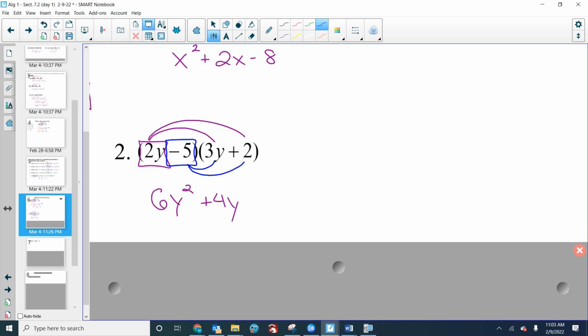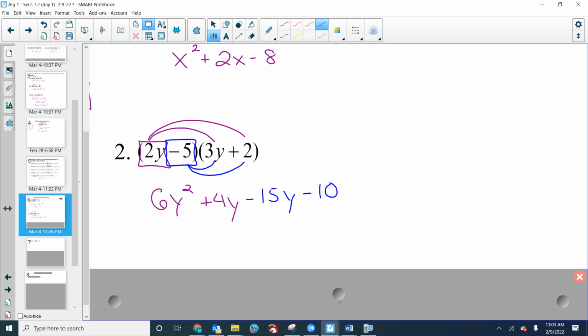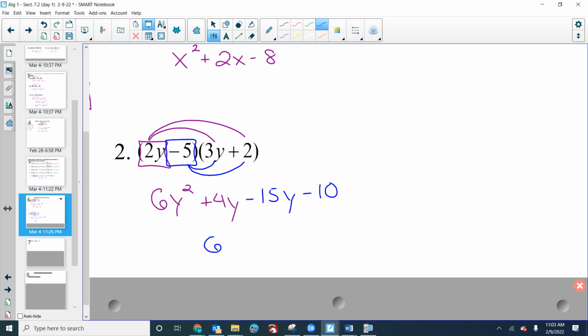If you want to do that, that's fine. What's negative 5 times 3y? Negative 15y. And what's negative 5 times 2? For a grand total of 6y squared minus 11y minus 10. Boom, finished.